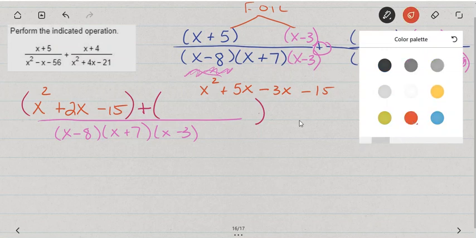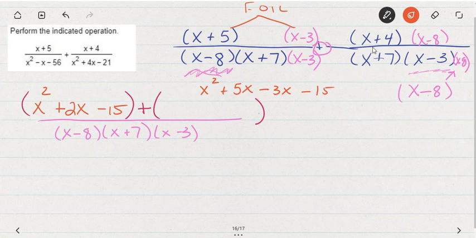So if I multiply x times x, 4 times x minus 8 times x, so 4x minus 8x will give us negative 4x, plus 4 times negative 8, minus 32. So I've FOILed that second one.